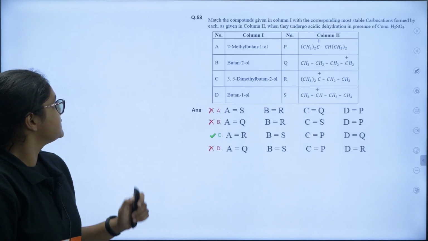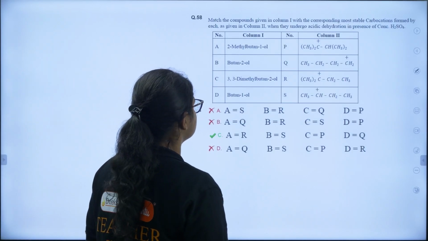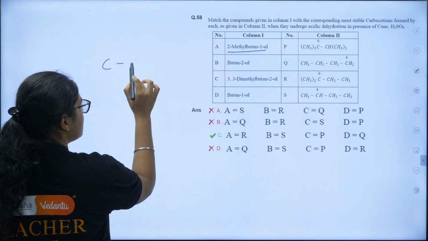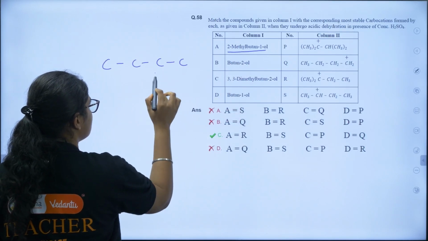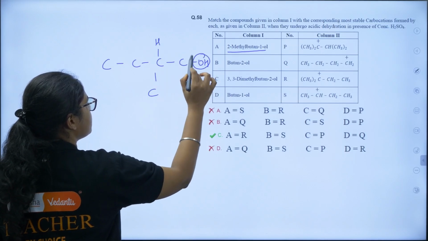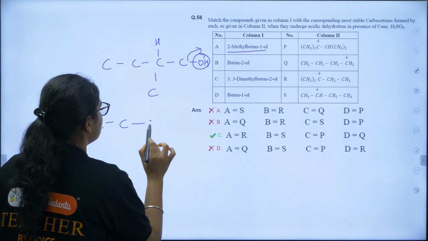Okay, next we have to match the carbocation with the names given. So first if you see 2-methyl butane 1-OL, we have this one. So here what will happen? This one will leave first of all and we'll get a primary carbocation here.